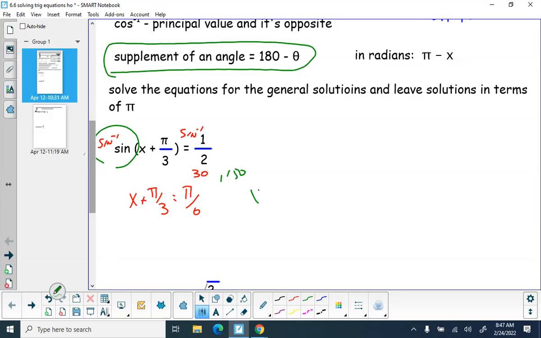So we have x plus pi over 3 is equal to 150, but we have to convert that into terms of pi. Which is what, Courtney? 5 pi over 6. So we have pi over 6 and 5 pi over 6.